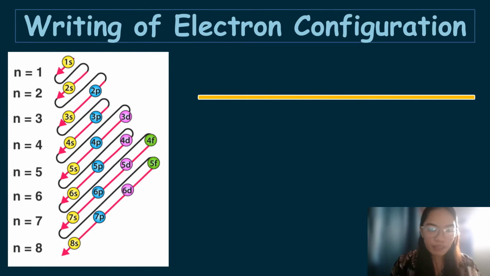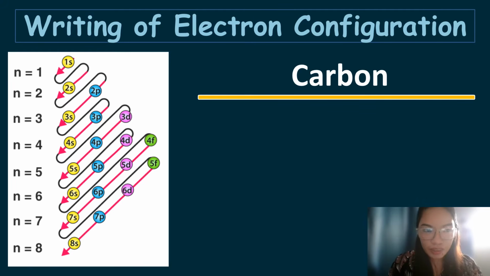To have an example of writing electron configuration, kindly take a look at this. Let's have the element carbon. Again, in electron configuration, we need to distribute the electrons of the element. To know the number of electrons, we have to know the atomic number of the element.